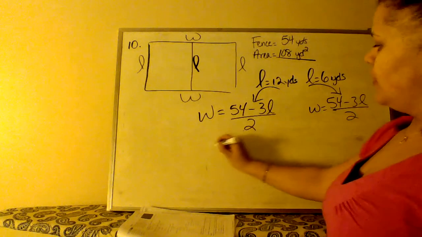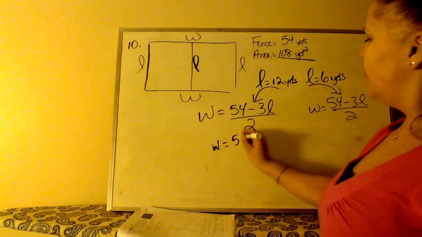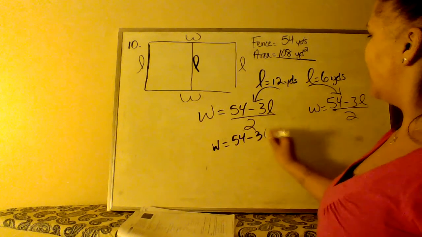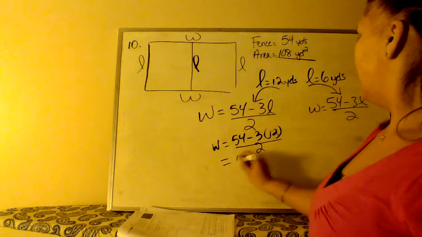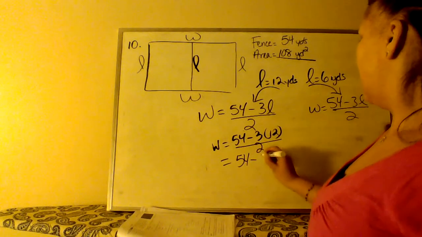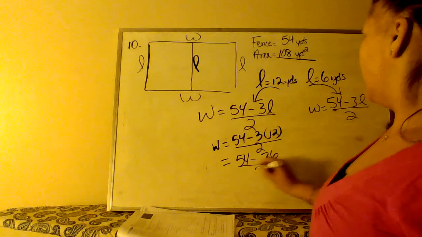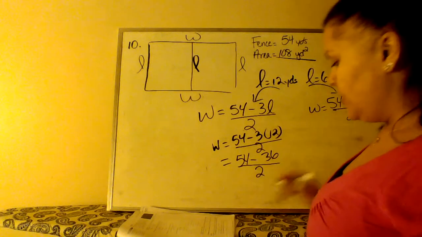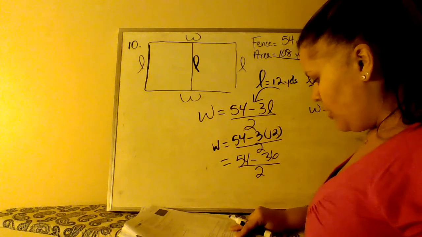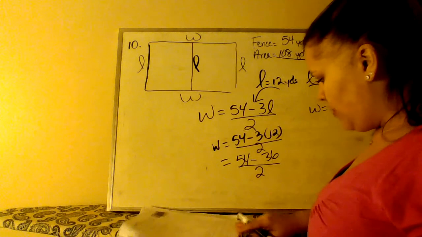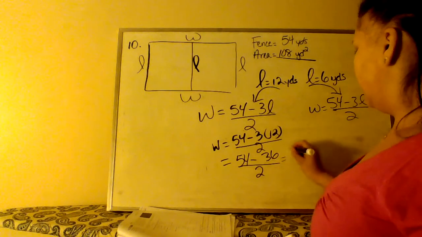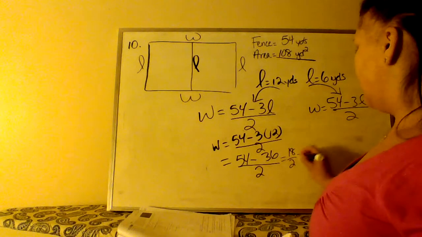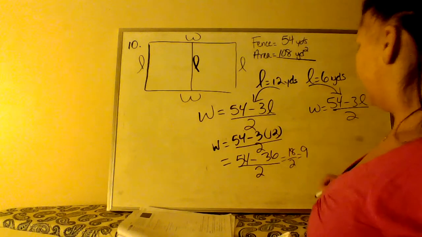So I'm going to solve now. So W equals 54 minus 3 times 12 divided by 2, which is 54 minus 36 over 2. 54 minus 36, you end up with 18 divided by 2, 9.